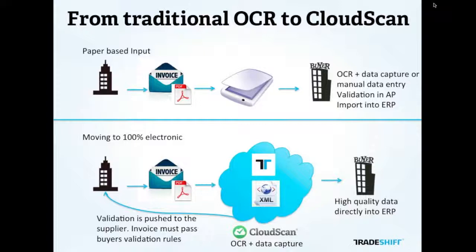So all in all, the vendor will make sure that the data is of the correct data quality, and then once it's validated, it will be sent to you as a buyer. So you will receive high quality data that you can import directly to your ERP system. So that's the basic concept of CloudScan.